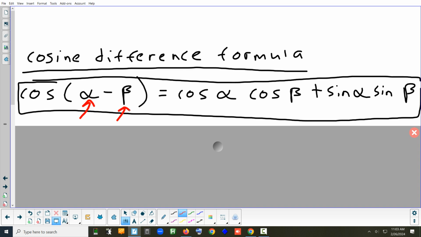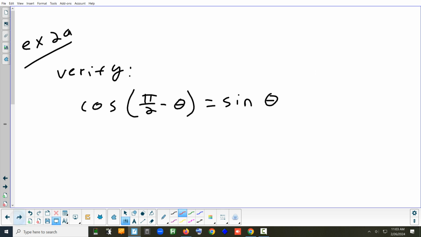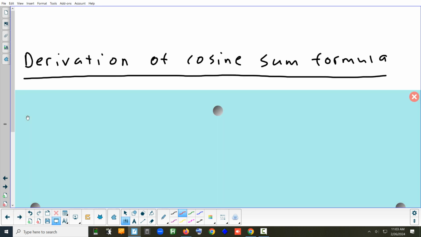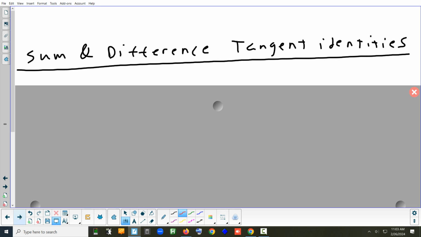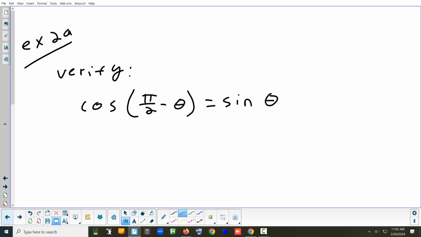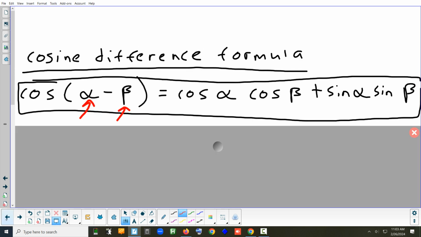Now, as we go through them, we're going to see some formulas where the cosines are grouped together on the left and the sines are grouped together on the right. We're also going to see some other formulas where you have a cosine and a sine next to each other and a cosine and a sine next to each other.